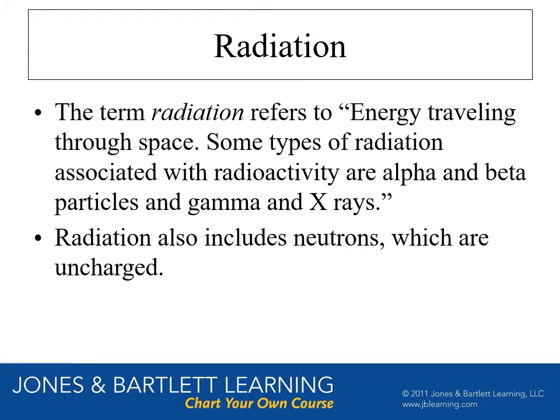The term radiation refers to energy traveling through space. This energy is associated with very energetic particles like alpha and beta particles and gamma and X-rays. Some particles are also uncharged, and these are called neutrons.